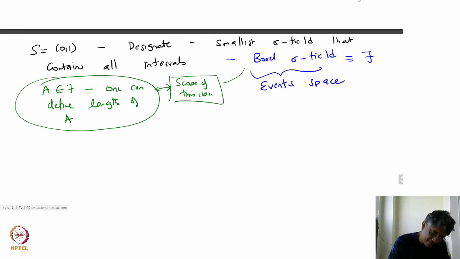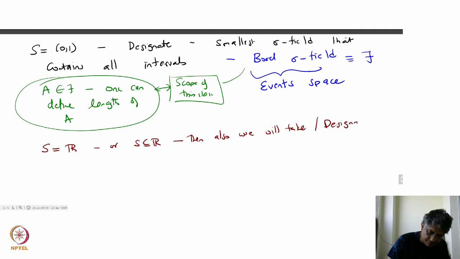And the same approach you will take if S is equal to R or S is any subset of R. We will designate the event space as the Borel sigma field.